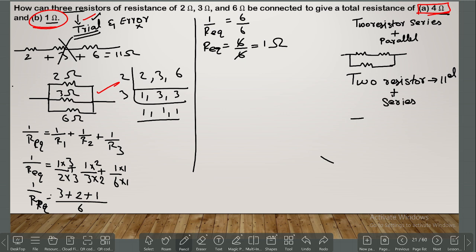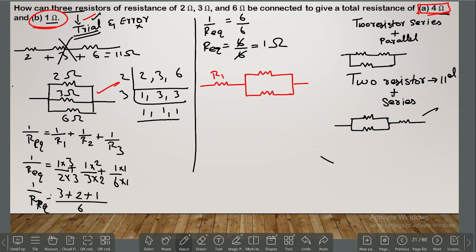Along with that, one resistor is connected in series. How can we connect the combination? Two resistors are in parallel, along with that one resistor is in series. If you try these combinations, for any one you will get the answer. Now let's try this one. One resistor in series, along with that two resistors in parallel.